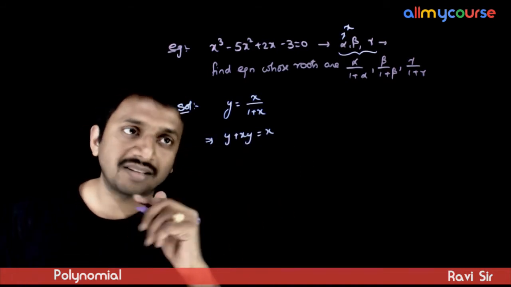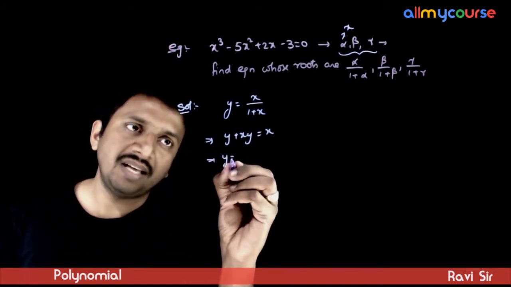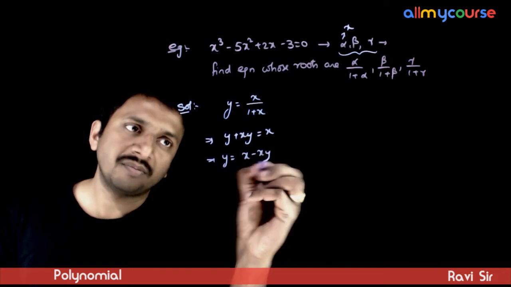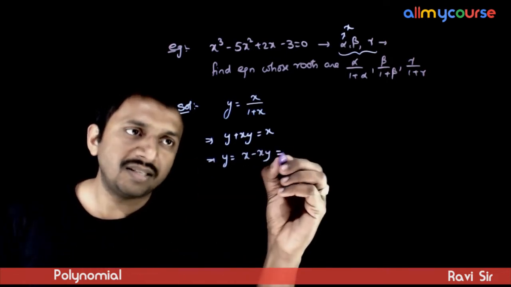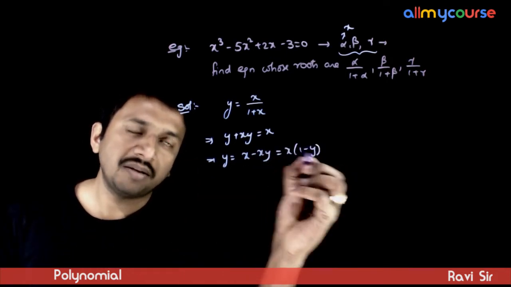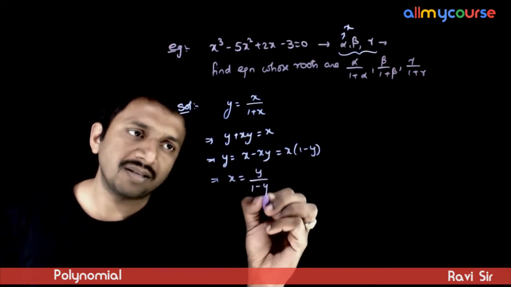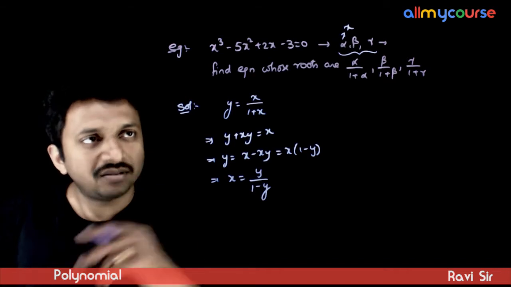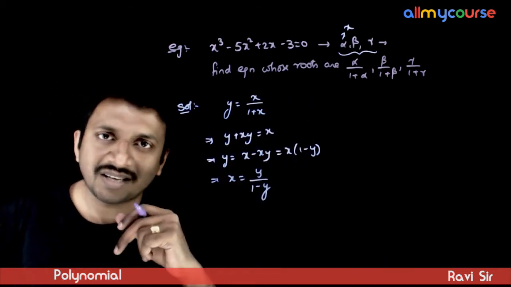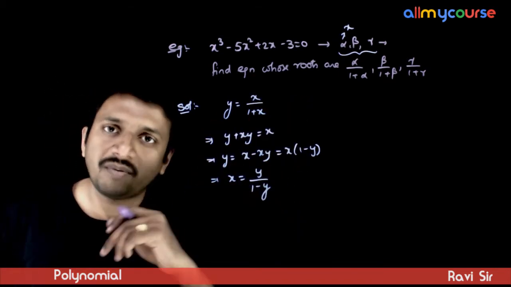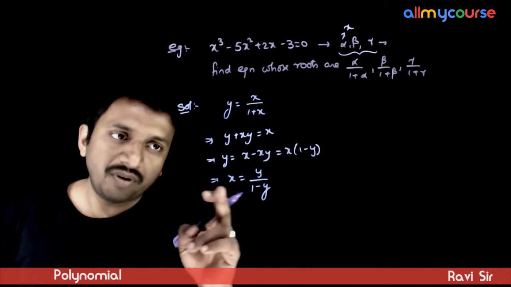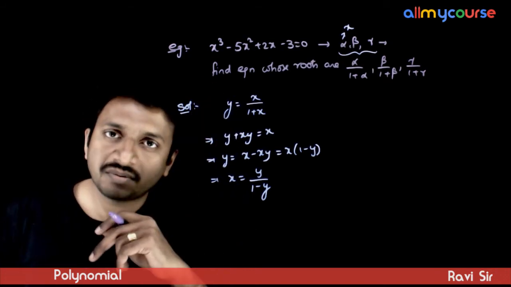I'll try to find what x is. This implies y is equal to x minus xy, that is equal to x times 1 minus y. And this implies x is equal to y by 1 minus y. So if y is equal to x by 1 plus x, x has to be equal to y by 1 minus y. But we know that x satisfies this equation.